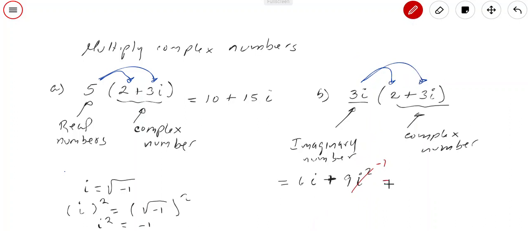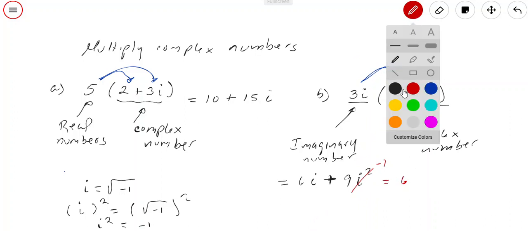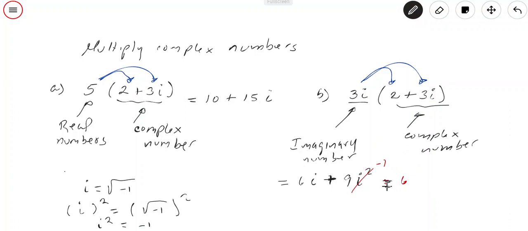So I have that this is 6i plus 9 times -1. So this is 6i minus 9, because 9 times -1 is -9, right?